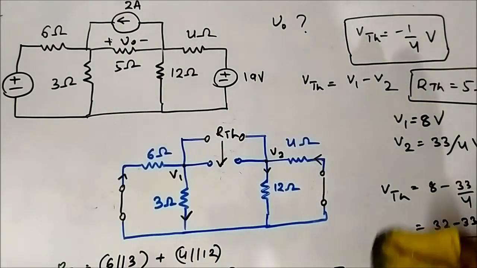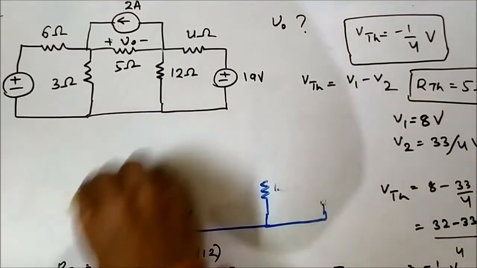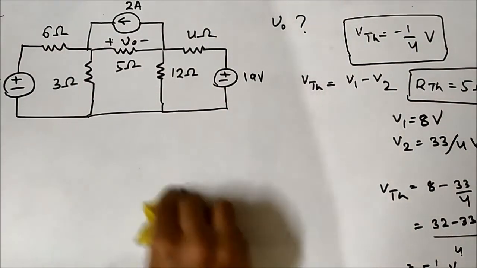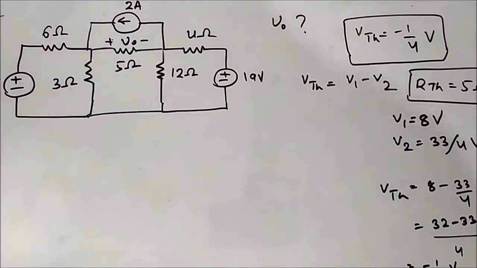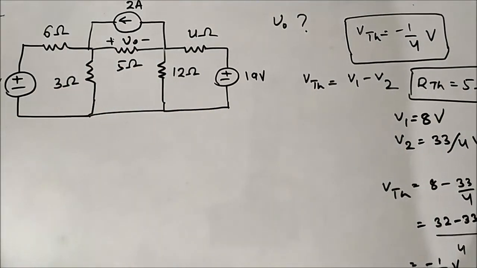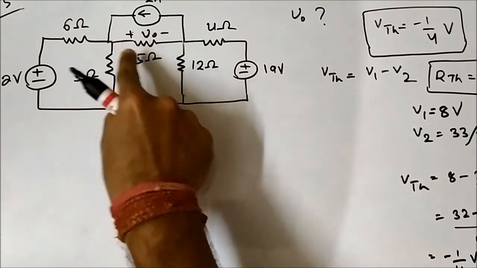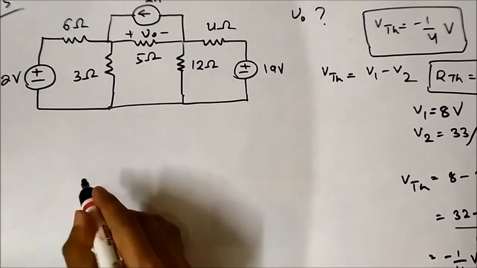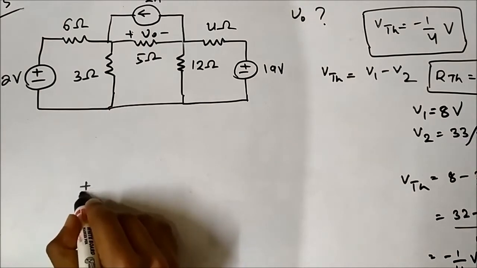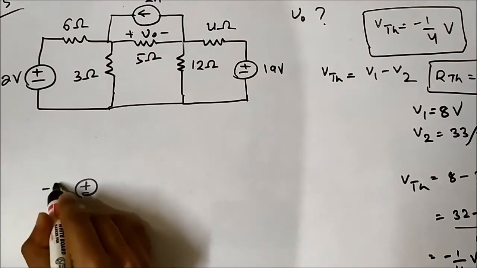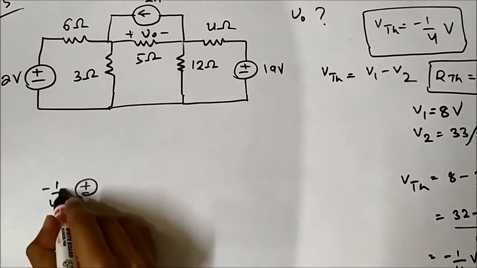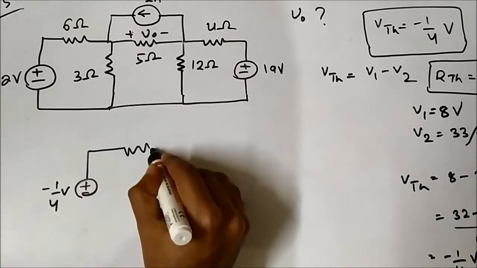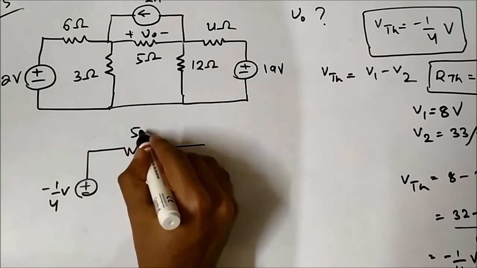Okay, so let us do that. For this we have to draw the Thevenin equivalent circuit and then include the 5 ohm resistor with it. So we determined the Thevenin equivalent circuit across this 5 ohm terminal. We got VTH as minus 1 by 4 volt, RTH as 5 ohm.